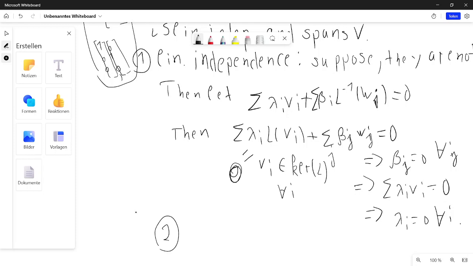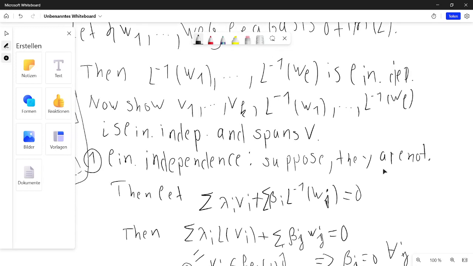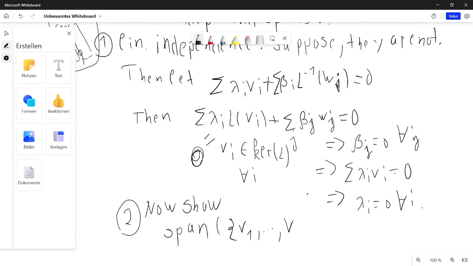Right, now show that the span of v_1 to v_k, w_1 to w_l is equal to V. That is to show.